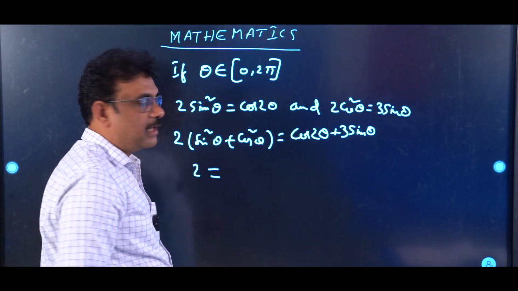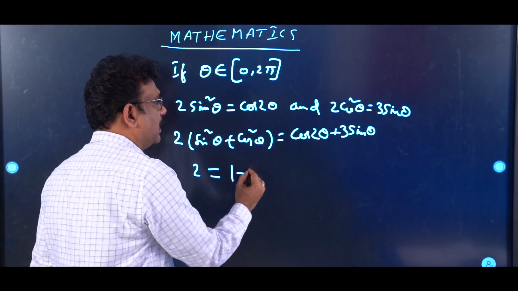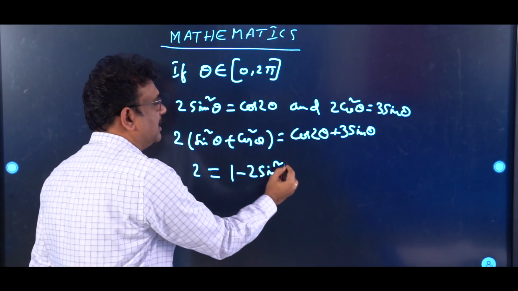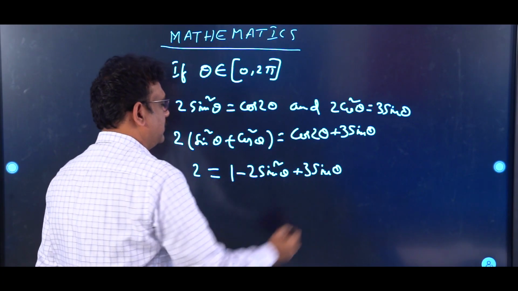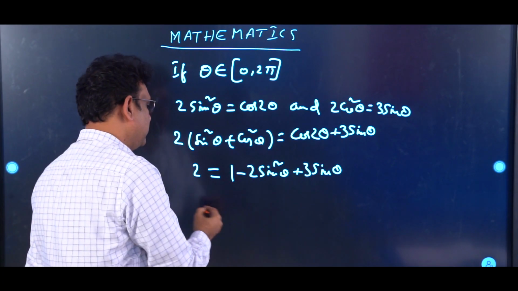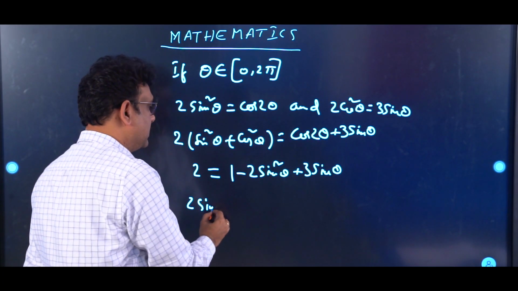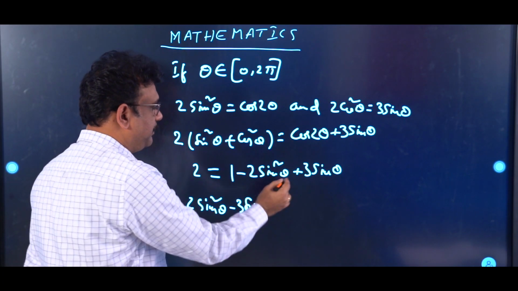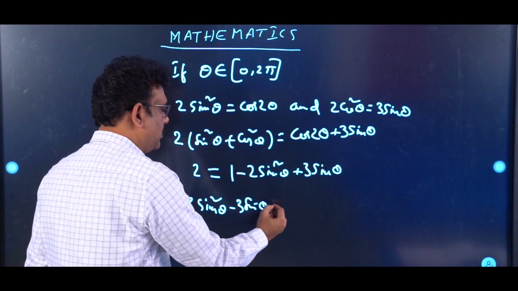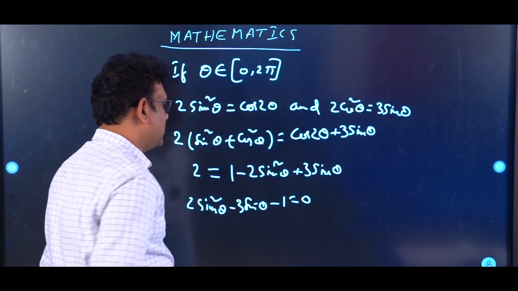Cos 2 theta in terms of sin is 1 minus 2 sin square theta, so 2 equals 1 minus 2 sin square theta plus 3 sin theta. So that is equal to 2 sin square theta minus 3 sin theta plus 1 equal to 0.